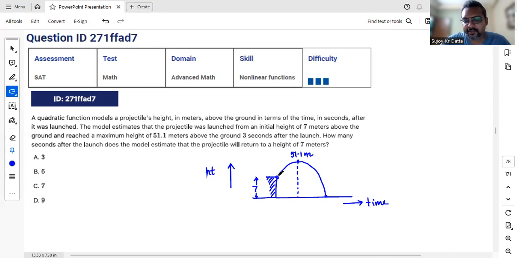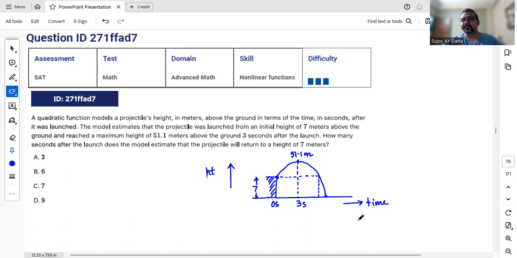What I'm basically drawing is the function of the height versus time for that projectile or the ball, whatever you have thrown, okay? So it's saying that after 3 seconds, it's at 51.1 meters. Okay, this is at 0 seconds because you threw it from a height of 7 meters, right? How many seconds after the launch will it return to a height of 7 meters? So they're saying basically, when will it again be at 7 meter height?